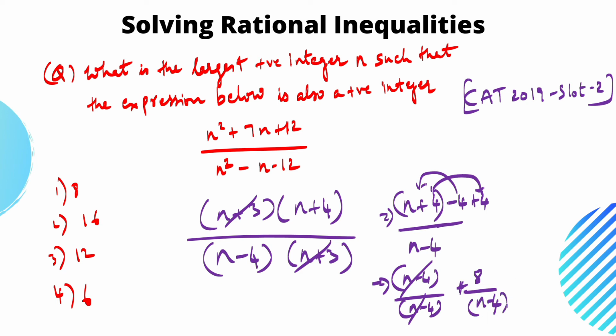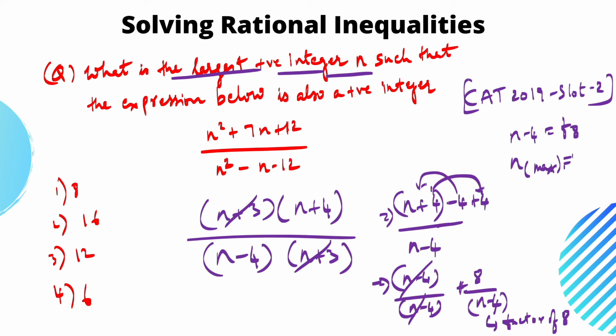n - 4 must be a factor of 8. And we are asked to find the largest possible positive integer, so if we want to maximize the n value, we must maximize this factor.